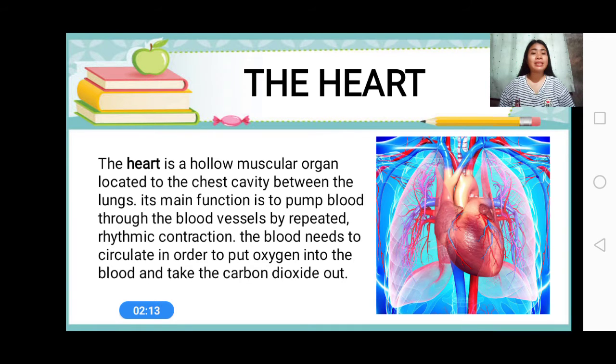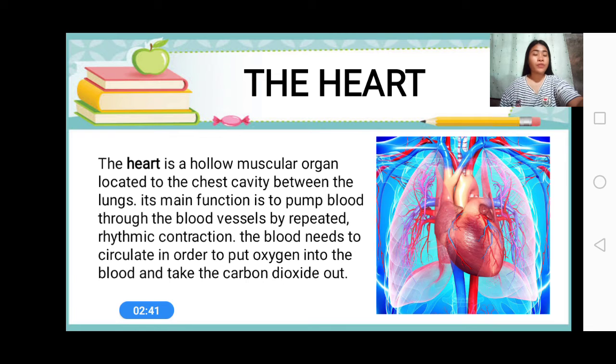So the blood needs to circulate in order to put oxygen into the blood and take the carbon dioxide out.